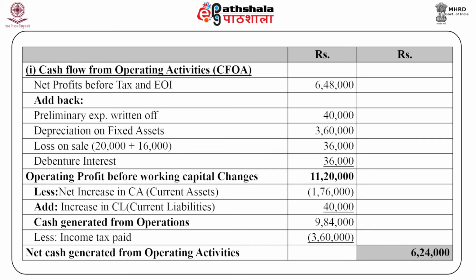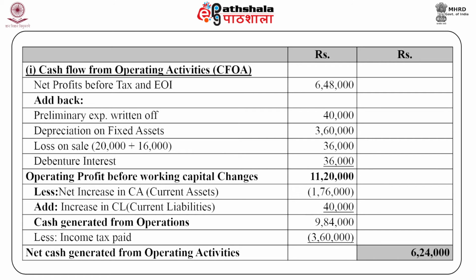Add back preliminary expenses written off 40,000. Depreciation on fixed assets 3,60,000. Loss on sale 20,000 plus 16,000, 36,000. Debenture interest 36,000. Now operating profit before working capital changes comes to 11,20,000.